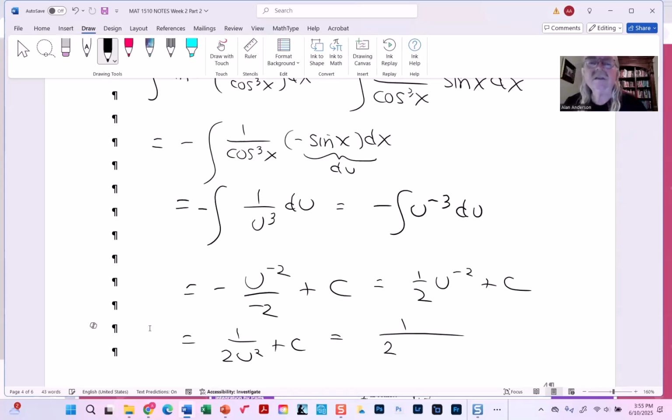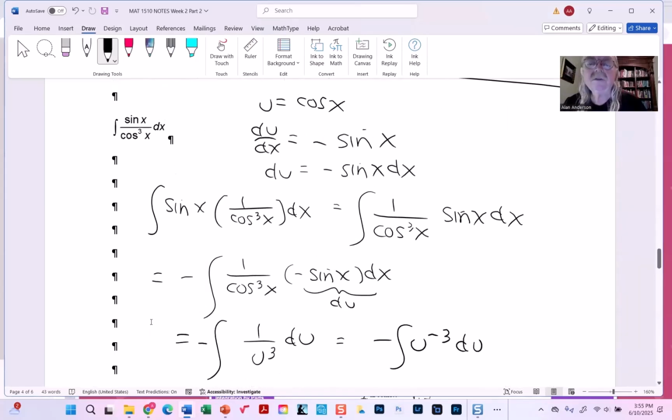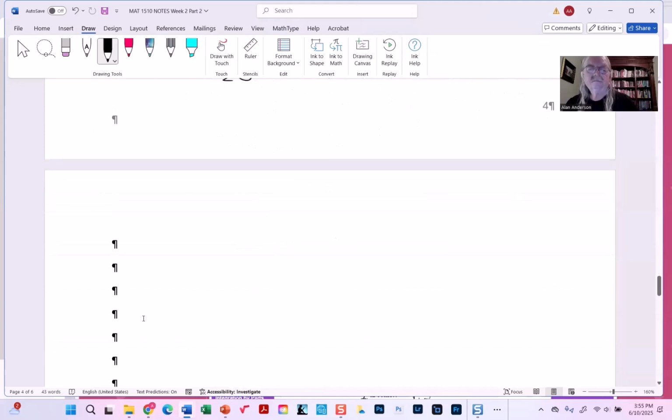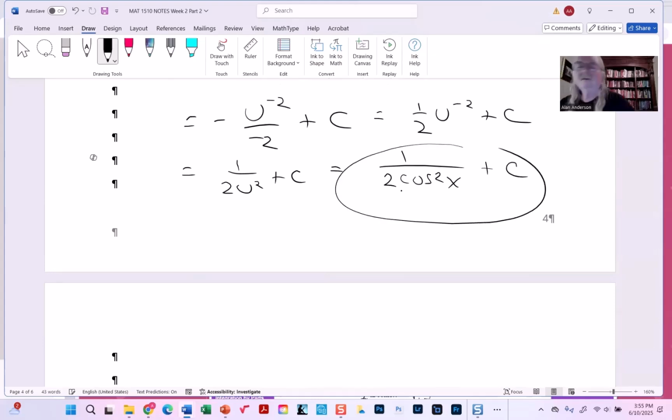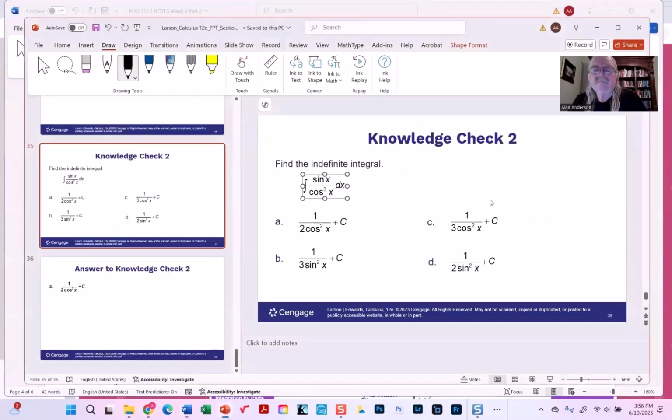And since u is the cosine, and of course, because there's so many trig identities, there are other ways we could write this, but we end up here with 1 over 2 cosine squared x. Let's see. So it looks like A is our answer.